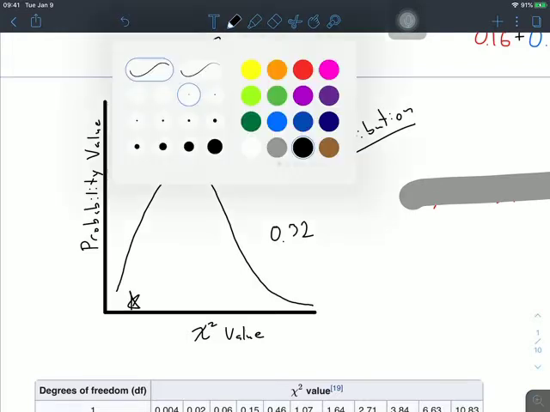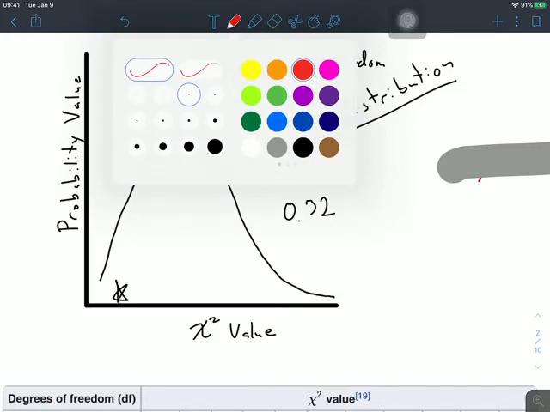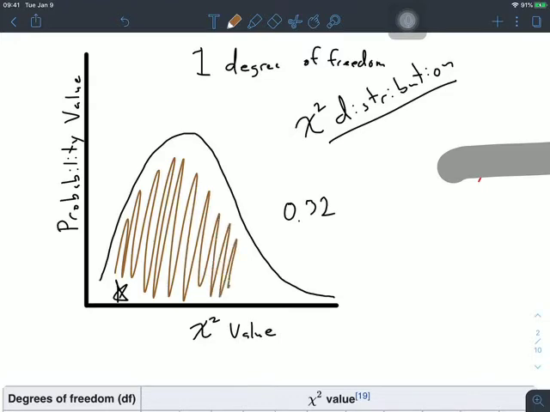The way scientists do this is they say that we will accept any chi-squared value that describes 95% of the area underneath the curve. That means that you had a 95% chance of generating your chi-squared value from a 50-50 distribution as long as it is somewhere below a threshold.